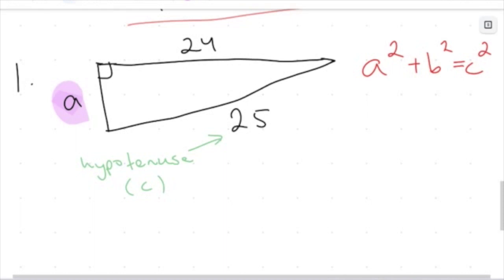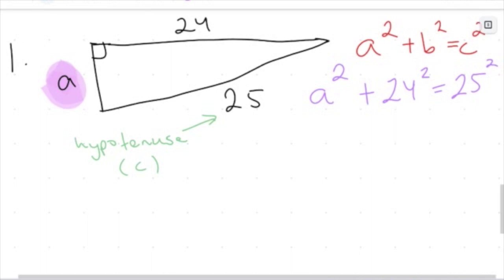So I can put that either in A or B, but since I have A as the pronumeral in my question, let's substitute it into where B lies. So in laying out my working out, I'm going to say A squared plus, let's substitute 24 in for the B. I get 24 squared equals my longest side, 25 squared.